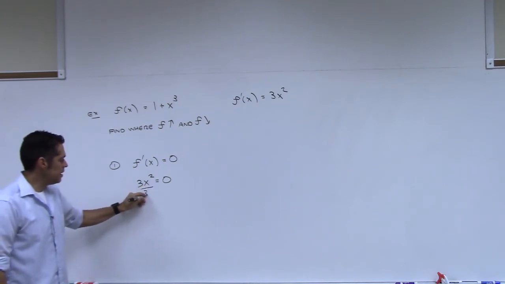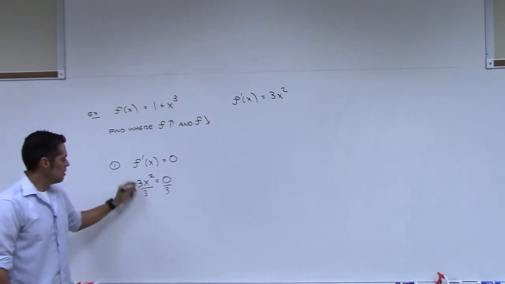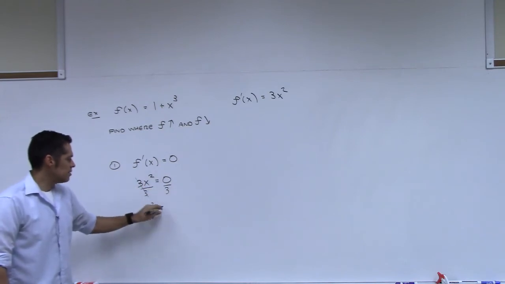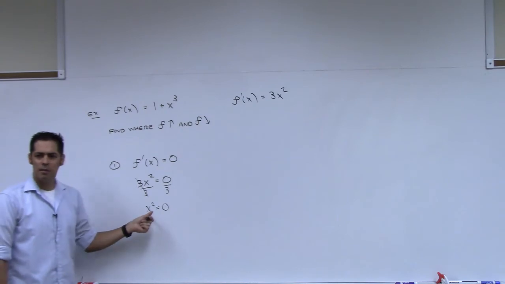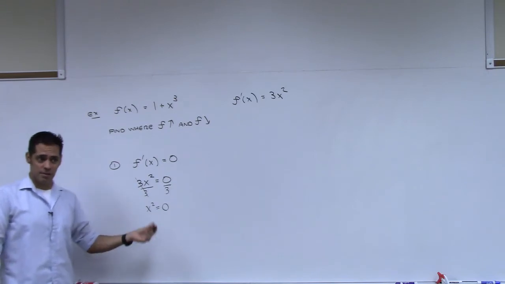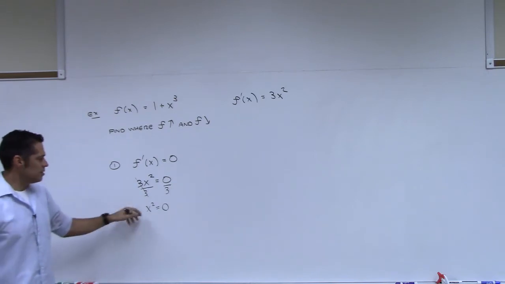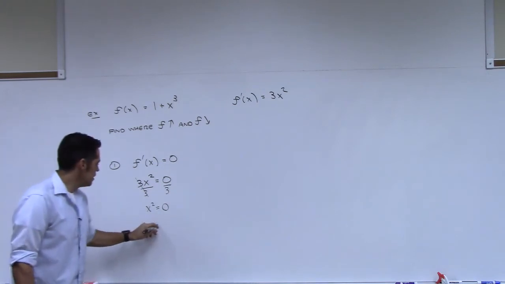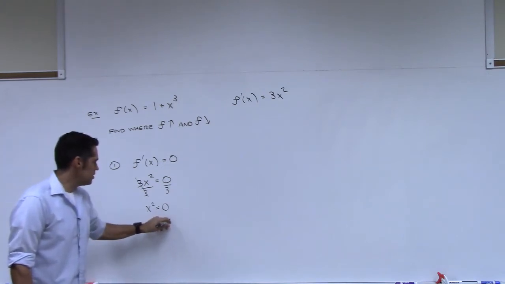Divide both sides by 3. So that goes away. We get x squared is 0 divided by 3 is still 0, right? What's the only number you can square and get 0? 0, right? 0 squared. Now you could do the square root on both sides right now, but you're still going to get 0. So the only solution to this is 0.